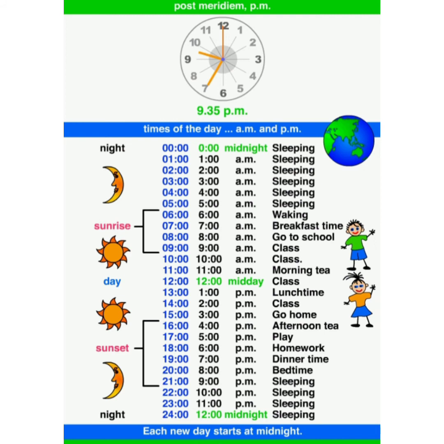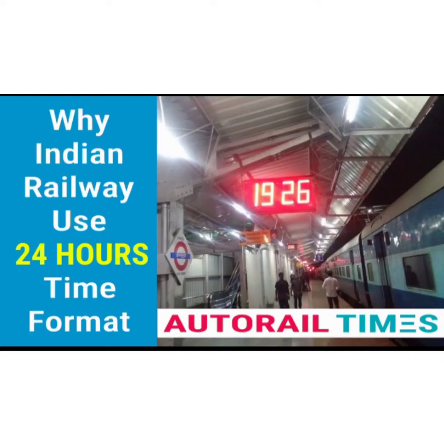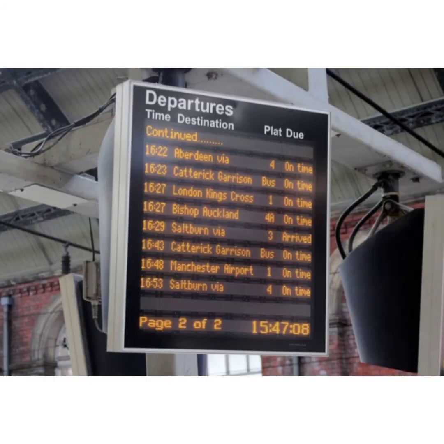That means 17 minus 12 is equal to 5 in the 12-hour clock. The 24-hour clock is used in some specialist areas such as railways and airlines, which operate day and night.